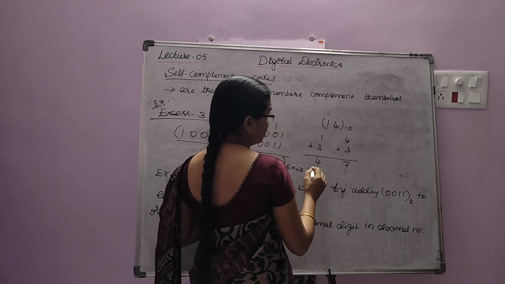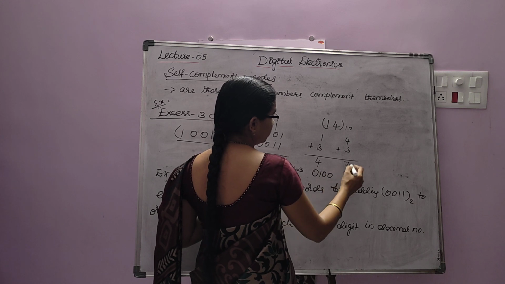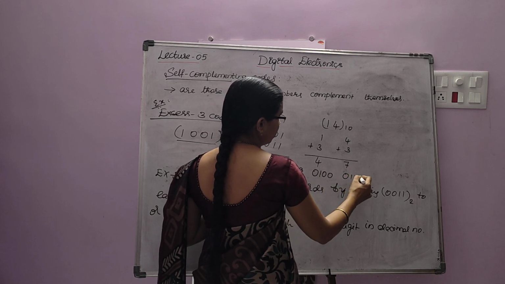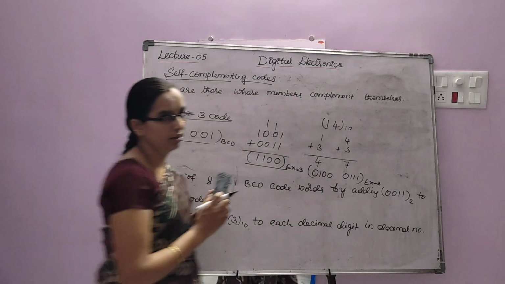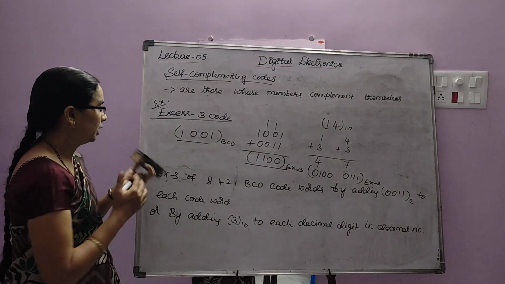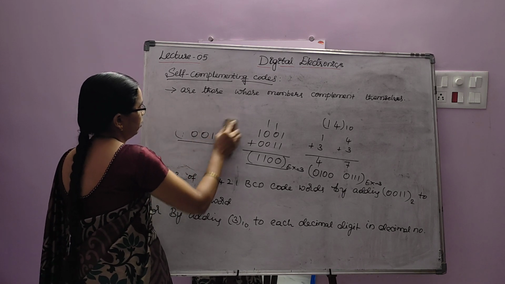Then write the binary equivalent of this, that is 0100, then 0111 is the XS3 code of 14. Okay, we will write the table of XS3 code, then you will understand it better.